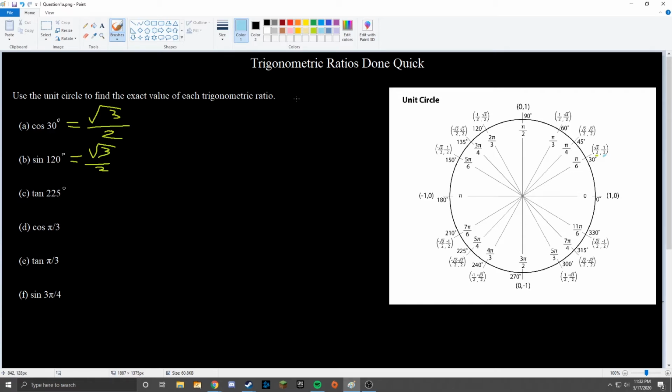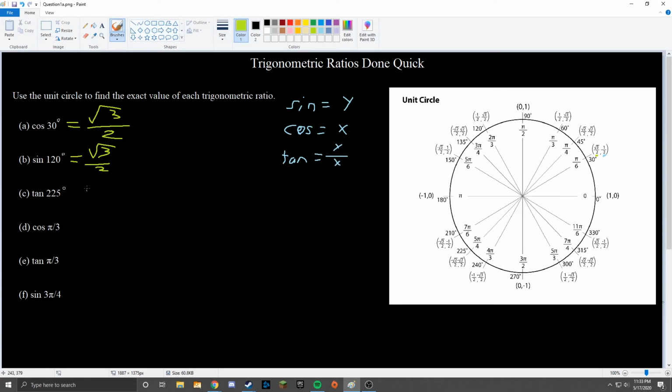As we should know, sine is equal to y, and cosine is equal to x. Now, tangent is equal to y over x. So you're going to need to do a little division here.